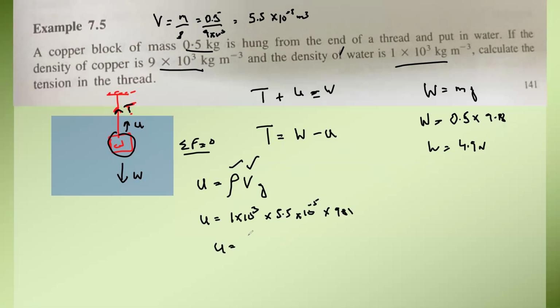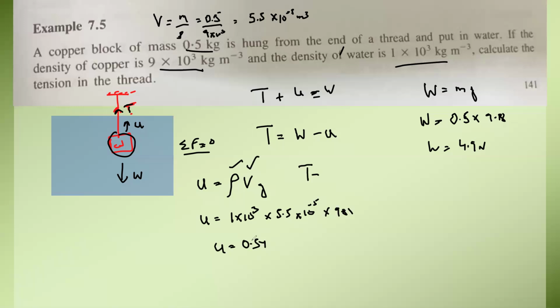So the upthrust is 0.539, and we can round off to 3 significant figures, 0.54.